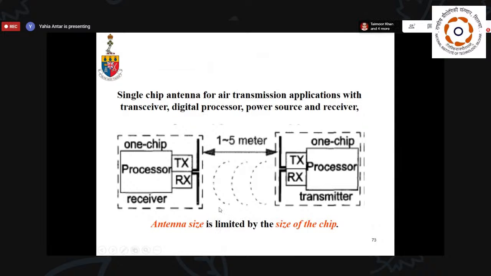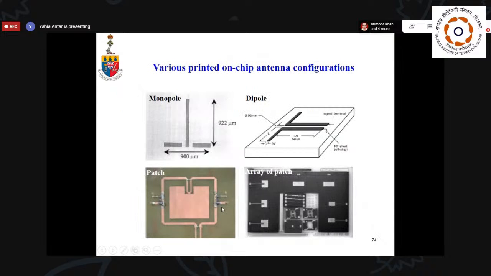So for on-chip configuration, there were designs using printed antennas and all of these things, but then, as I said, they have two disadvantages. One thing is the space; they take quite a bit of space. And the other disadvantage is the losses when you go to higher frequencies and so on.